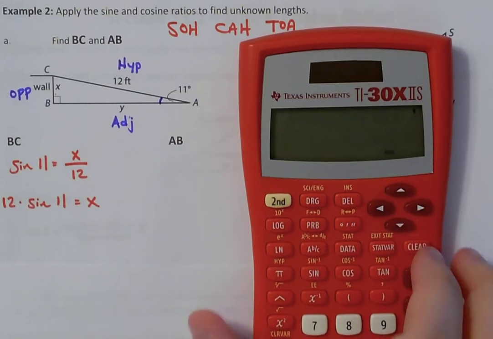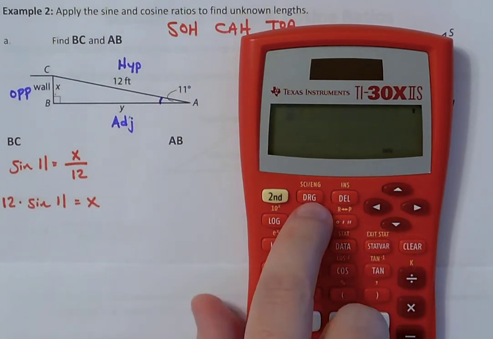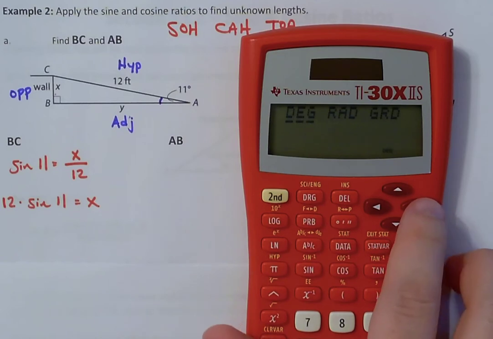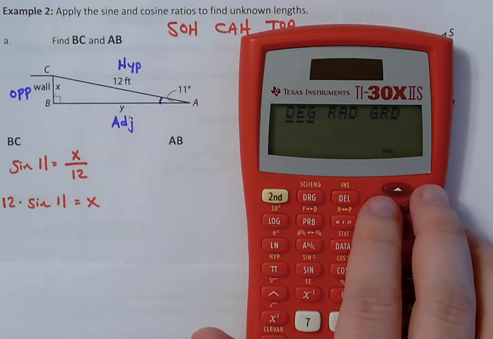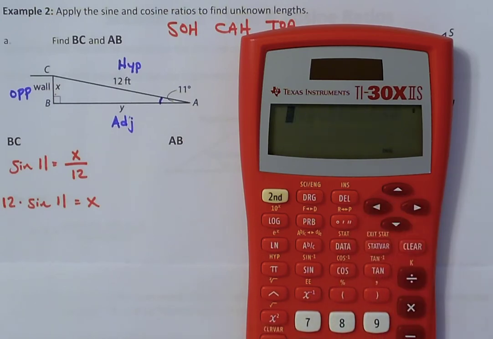Now remember to make sure that your calculator is in degree mode. So this says DEG, we're good. If yours doesn't, remember hit the DRG button and make sure that you are highlighted under DEG, not under GRD or radians. You want to be under DEG.